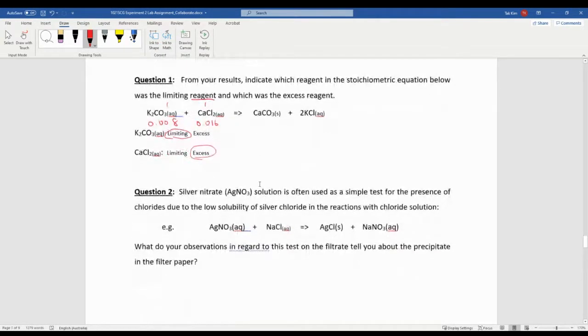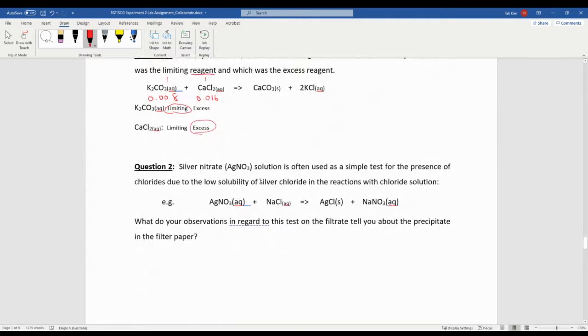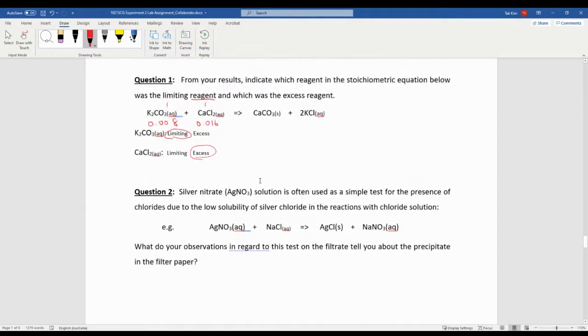All right, let's have a look at question number 2. Question number 2 asks: silver nitrate solution is often used as a simple test for the presence of chloride due to the low solubility of silver chloride in interactions with chloride solution.